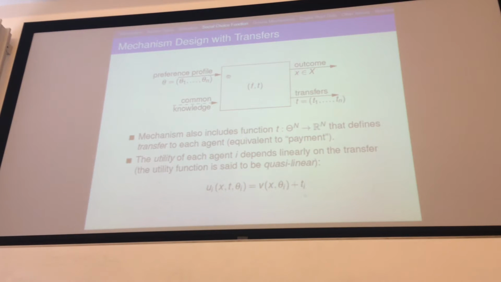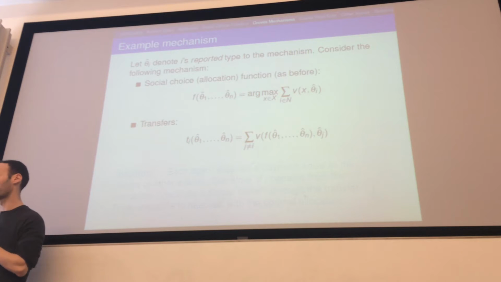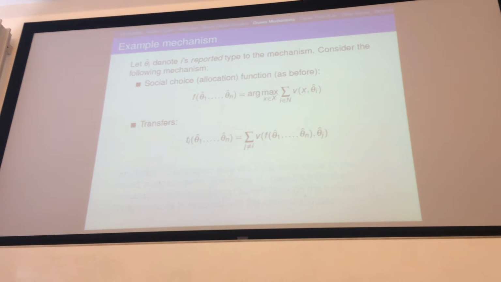Based on these preferences, the mechanism determines an outcome and a transfer. Of course, the main thing here is that the agents may misreport if it's in their best interest. So what we want to have is truthful reporting. The notation here is that I always use the hat, as common notation, to indicate the agent's report. If the hat is absent, it means the agent's true valuation.